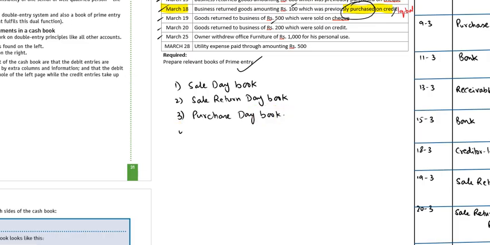The fourth book of prime entry is the purchase return day book. The fifth one is the cash day book or cash journal.